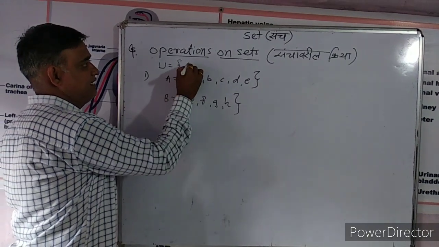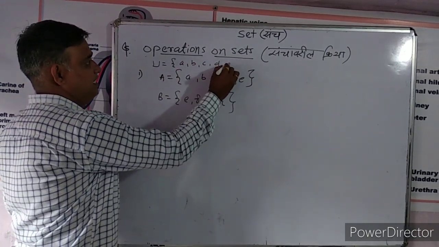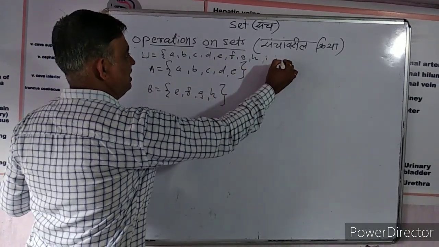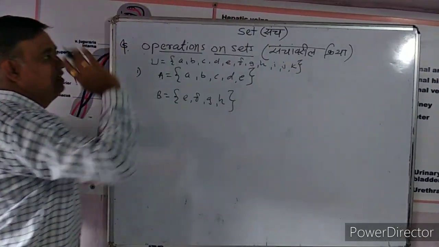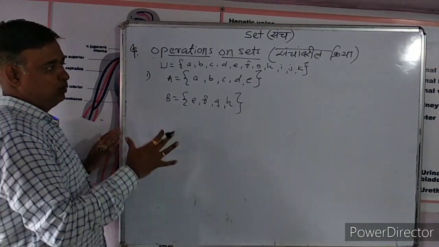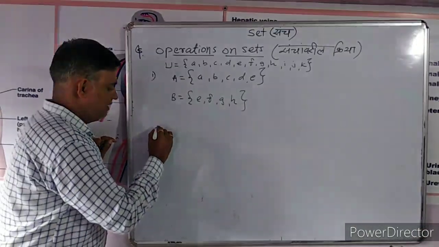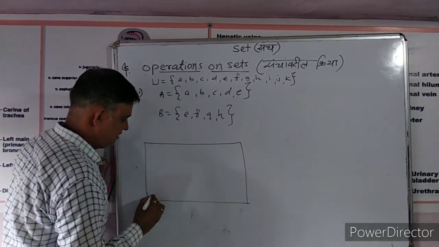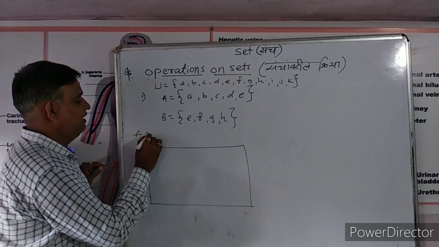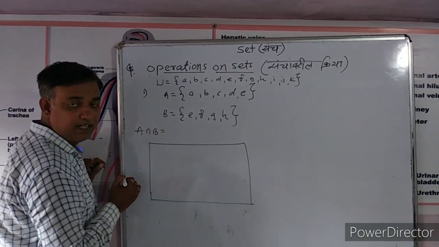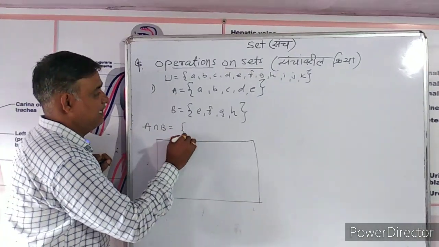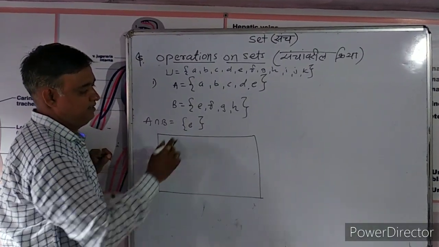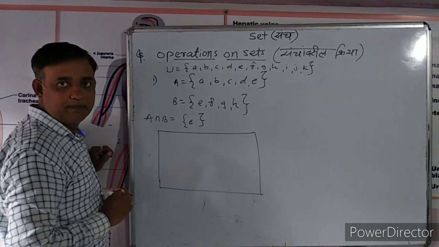In this case it is A, B, C, D, E, F, G, H, I, J, K, up to K. The universal set is there. If we have to show the intersection set by Venn diagram, A intersection B, only one letter, that is E, is common.